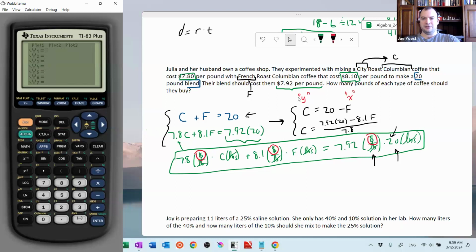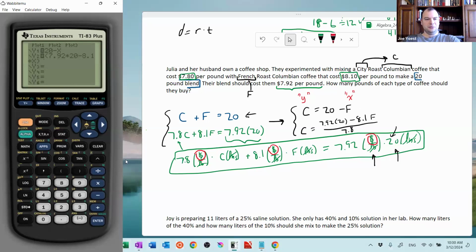So on one hand, we have Y equals 20 minus X. And on the other hand, again, we have this big complicated numerator, so I just want to put in a parentheses. 7.92 times 20 minus 8.1 times, and F is being replaced by X in the calculator.